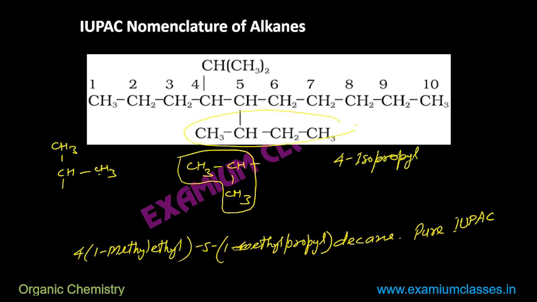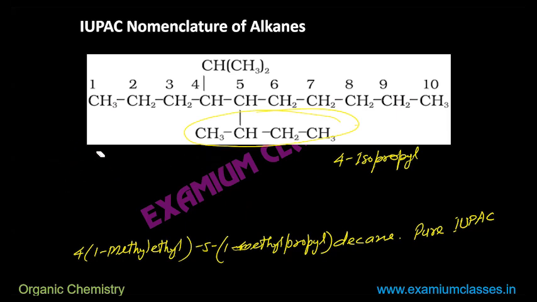Then the 5th carbon, what you have on the 5th carbon, and this again we talked about yesterday, if it is CH3, CH2, CH3. Do you remember what was the name given to this one?